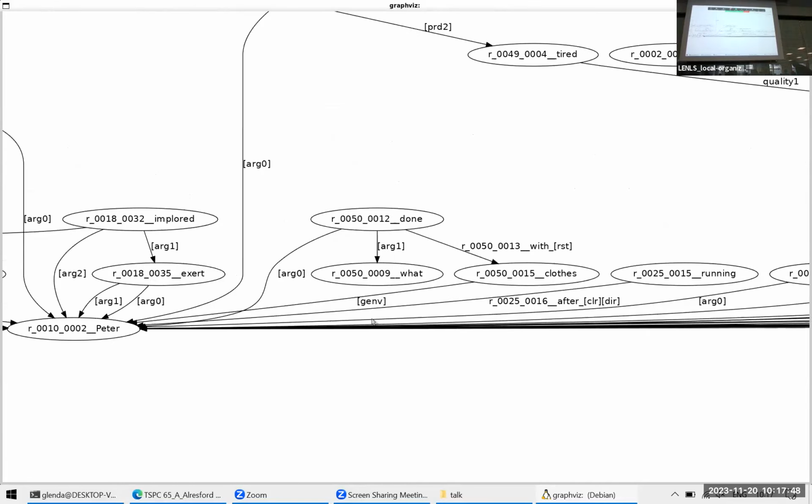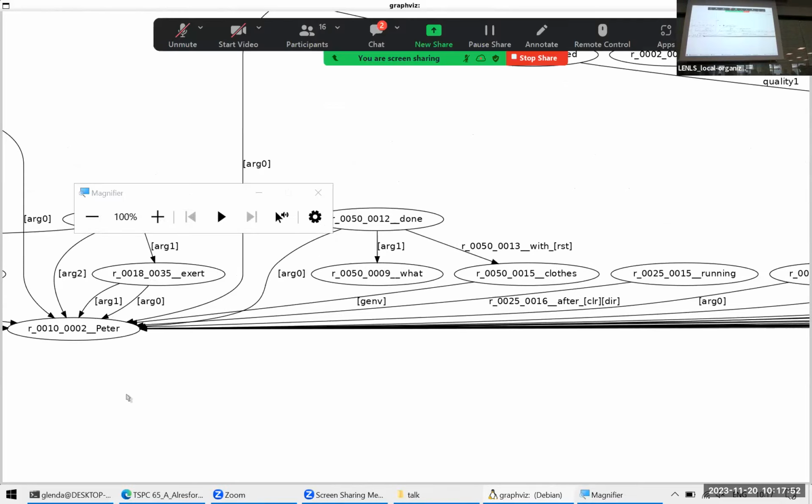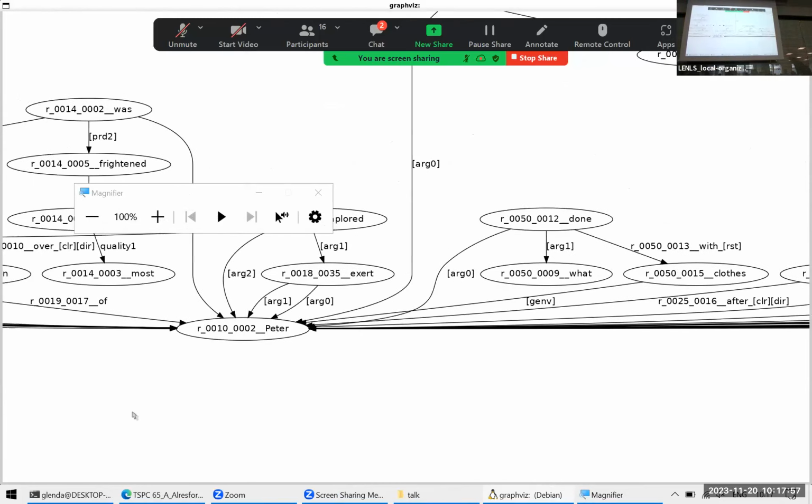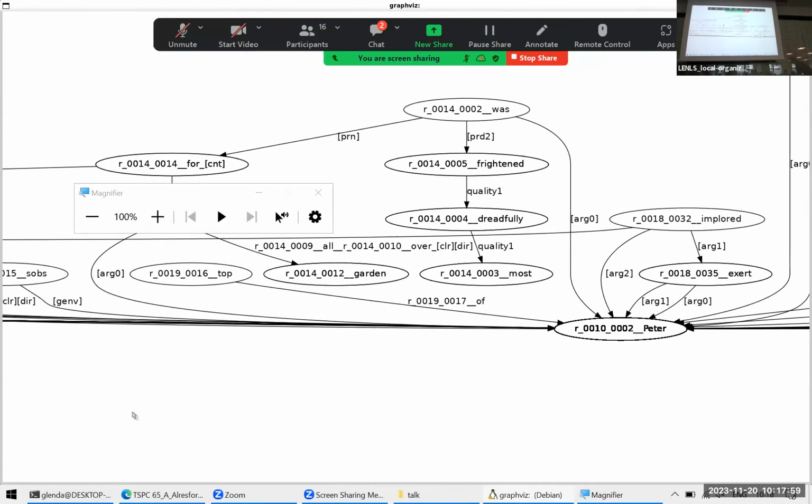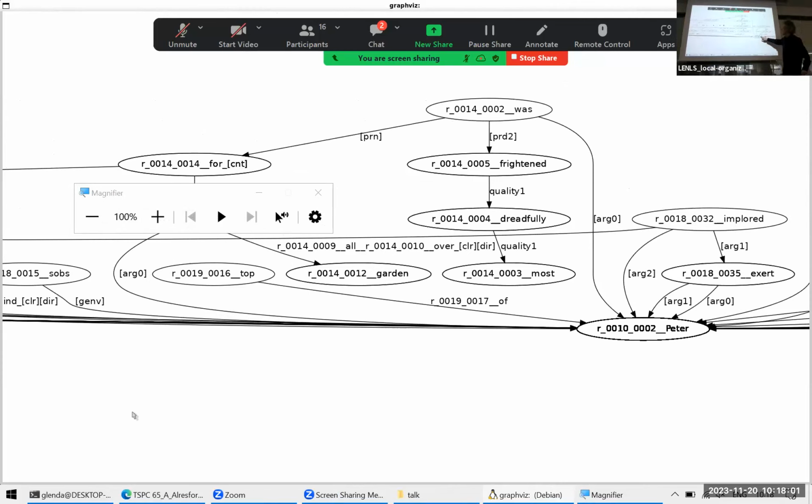So you see, Peter Rabbit is in the center because everything is linking around Peter Rabbit. How do I scroll across? So these are all the various things he did. He was most dreadfully frightened, Mr. McGregor, doubtless, and he was in the garden. And oh, here we've got top of Peter. But no more connections because we bottomed out for how I'm collecting connections.